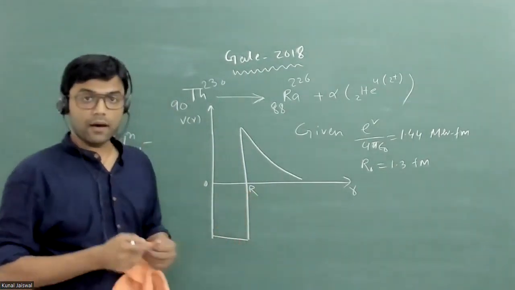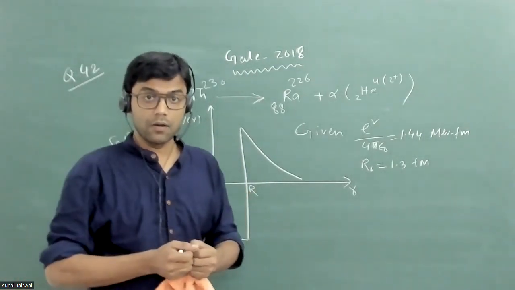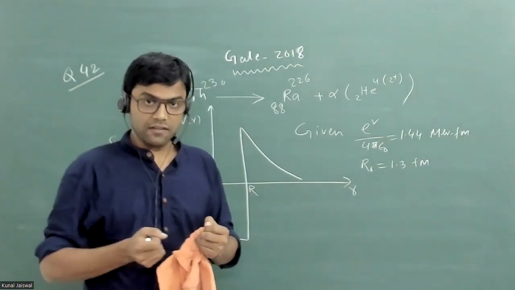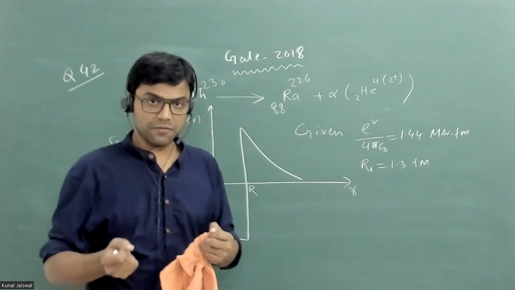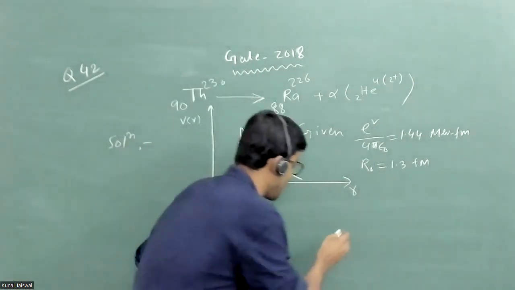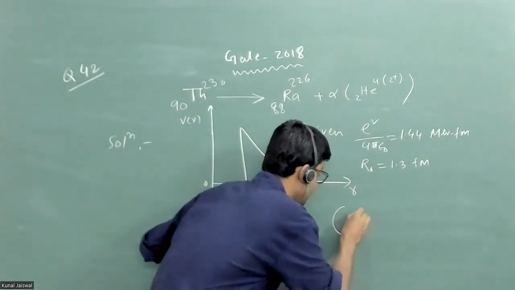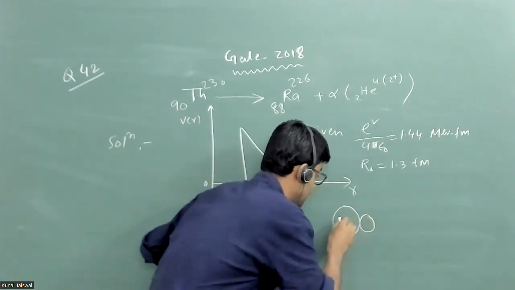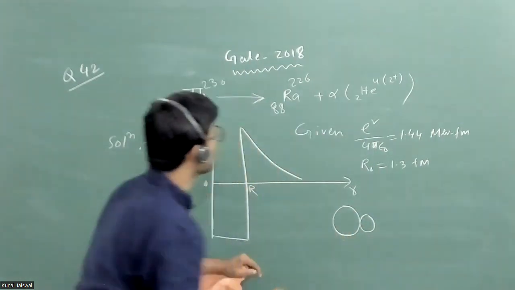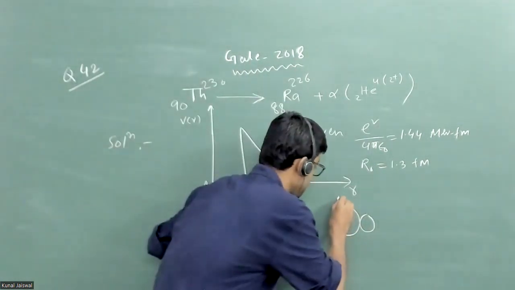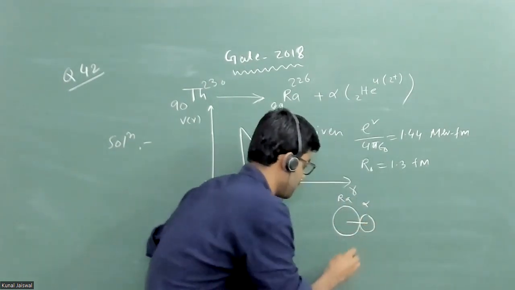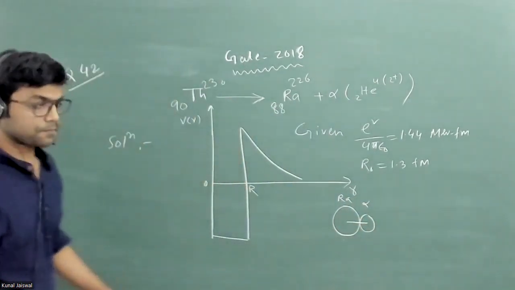R is the point when the surface of the daughter nucleus is just touching the surface of the alpha particle. Let us take that the daughter is this radium, and you have an alpha particle. The surface is just touching. So this is your R.